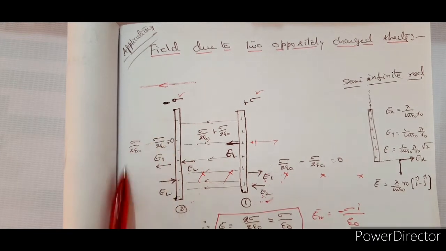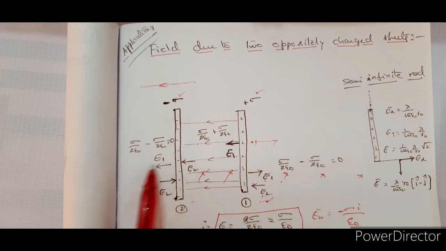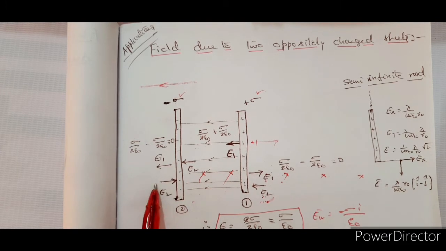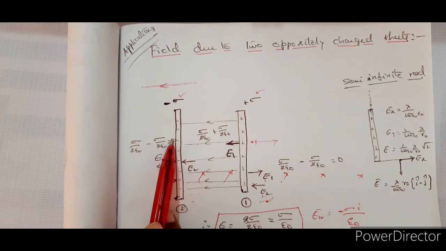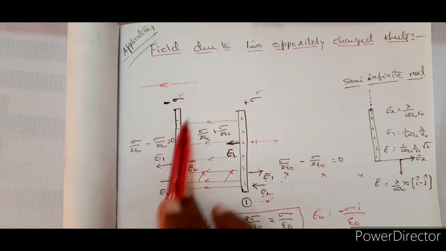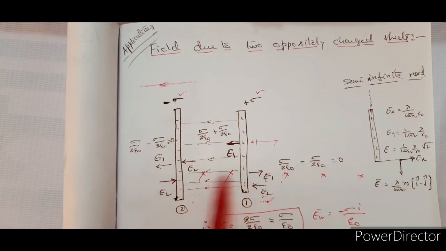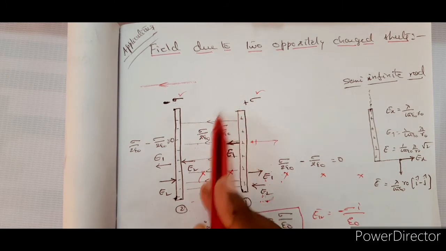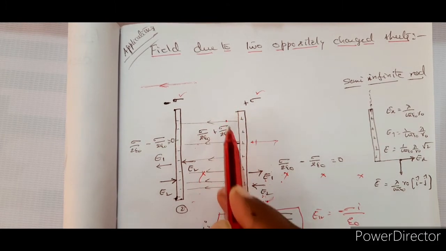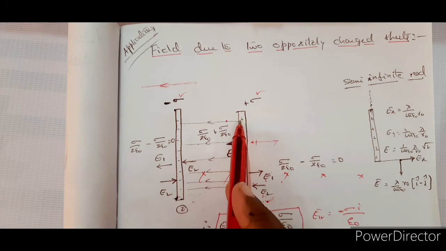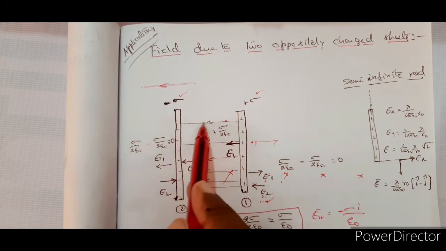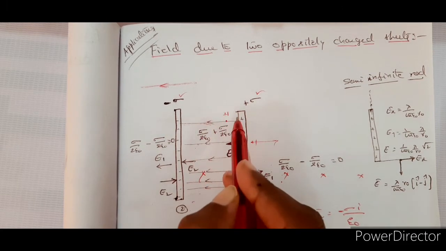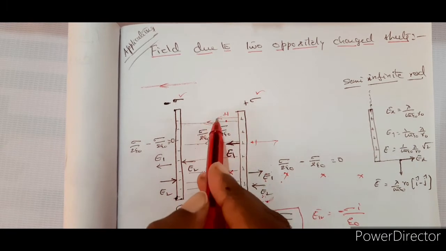Now observe this region. Here also, because of E1 it is away from the parallel plates, and because of E2 it is towards the plates. Again opposite directions, magnitudes are equal, so the sum is 0. And now in between the two plates, at any point it is sigma by 2 epsilon naught because of this, and because of this also in the same direction, because if you imagine a unit positive charge, it is pushed here and pulled in this direction.